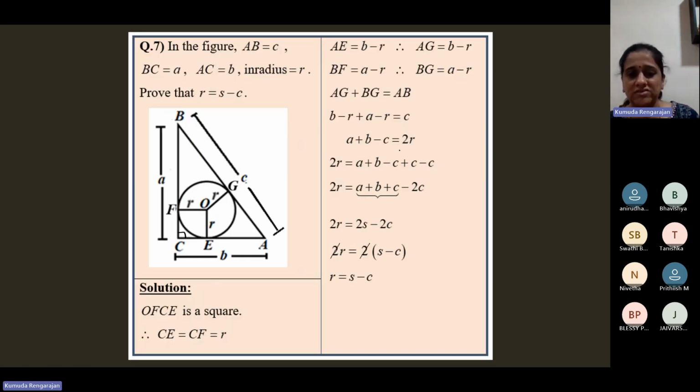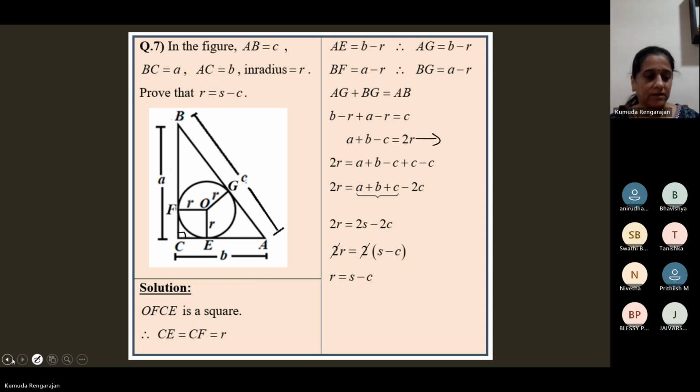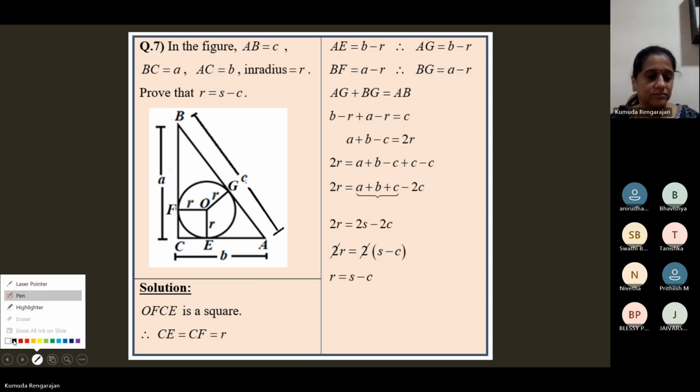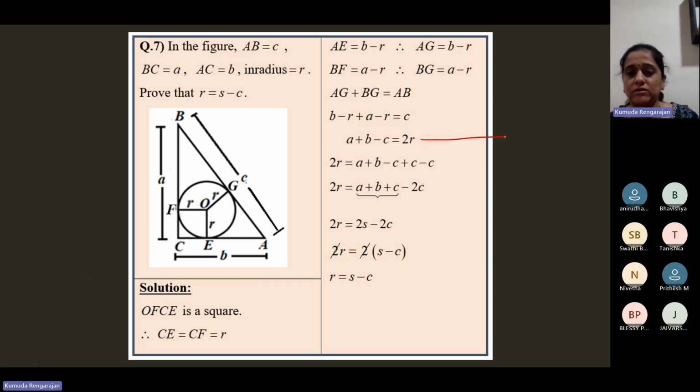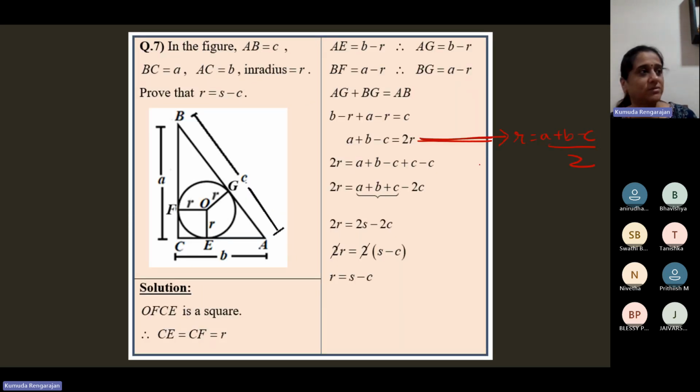At this stage, when you bring the 2 for division, you'll get R is equal to A plus B minus C by 2, correct? So, R is equal to A plus B minus C by 2, you can get it from this step itself.